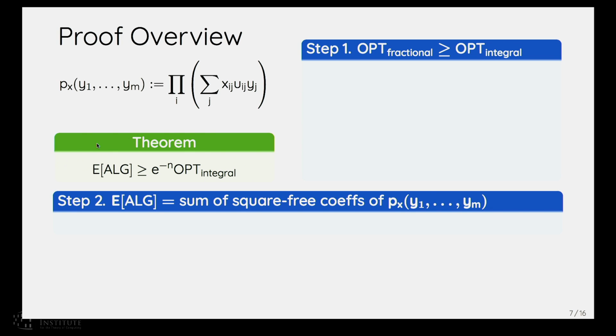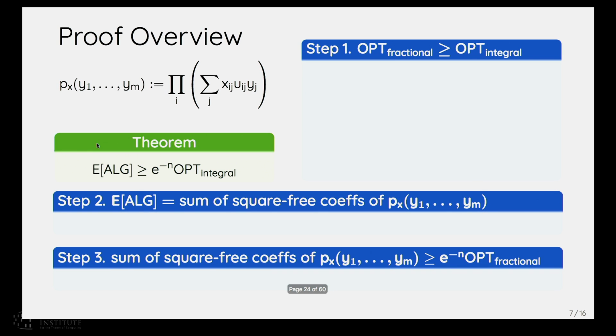If you expand this polynomial in terms of the yj's, you sometimes get a yj squared, sometimes you don't. So throw away the terms that get a square and sum over the coefficients of the terms that remain. This is saying that the expected value of the algorithm is exactly this. And then the third step is that this sum of square-free coefficients is at least e to the negative n times the fractional optimal solution.